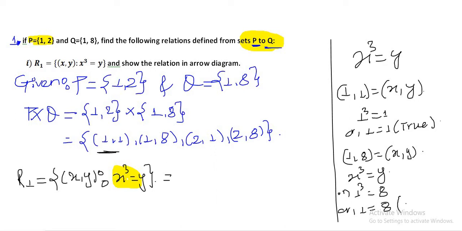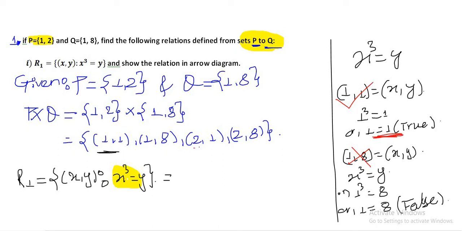Here we found that 1 equals 8, which can never happen, so this is false. So this element (1, 8) does not lie in the relation, but (1, 1) lies in the relation, because here we found a true statement.